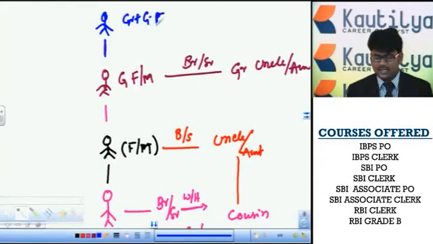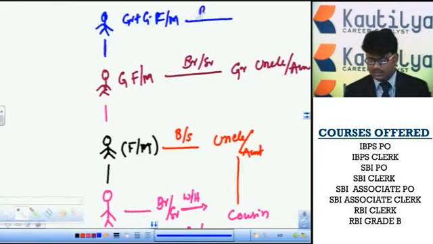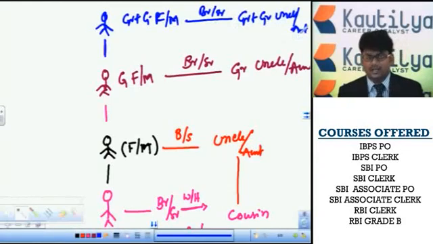That means great grandfather or great grandmother. That person's brother or sister is called great grand uncle or great grand aunt. These are the relations that come from the parent side in our manner.